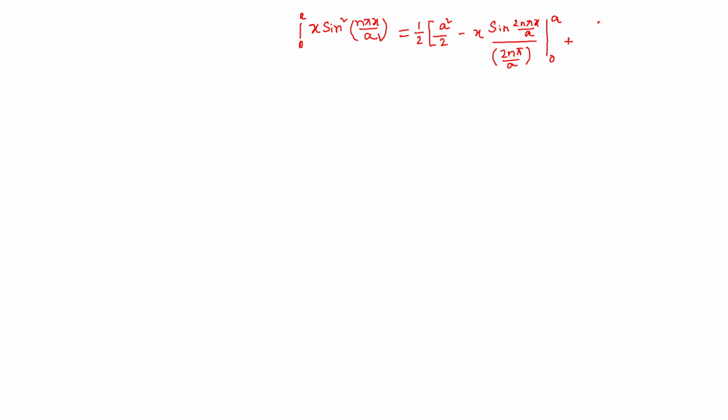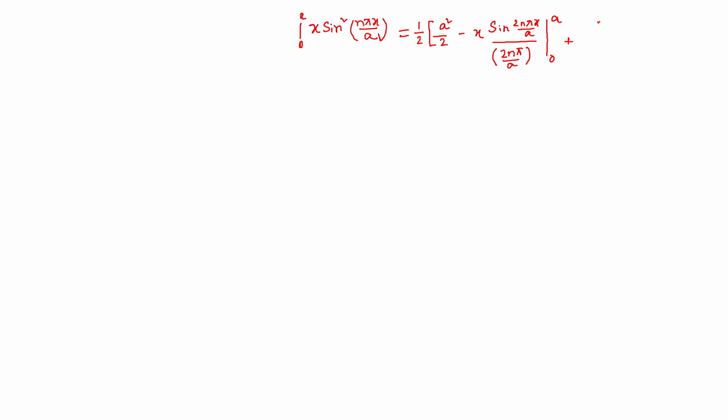If I put 0, this will be 0, so 0 has no significance here. For x equals 0, I am not going to the sine one, because if x equals 0, this whole term will be 0. So the significant term is a sine. I am putting x equals a. This a is cancelled out, so I am getting this one.